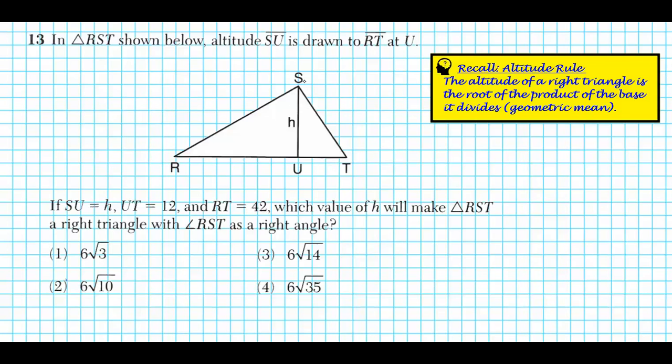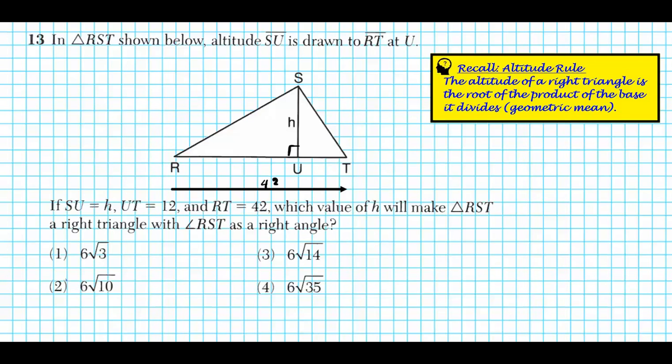Now, since SU is the altitude drawn from this extended base RT, that automatically means that this angle is perpendicular. Okay? The altitude is always perpendicular to its extended base. Now, you're told that RT is 42. Okay? The entire length of the base of the bigger triangle, the biggest right triangle, is 42.